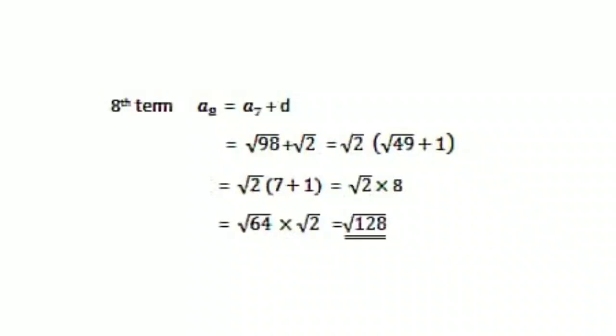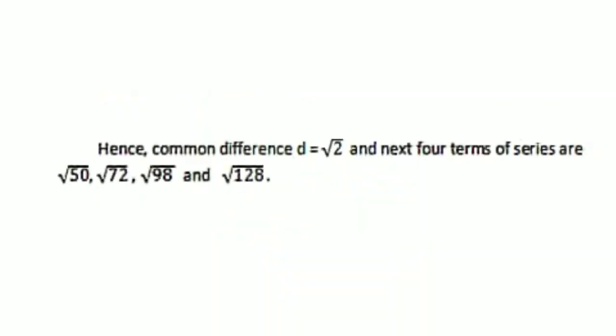Here the square of 8 is 64. Therefore, root of 64 into 2 is equal to root 128. Hence the common difference D is equal to root 2. The next 4 terms of the series are root 50, root 72, root 98 and root 128.